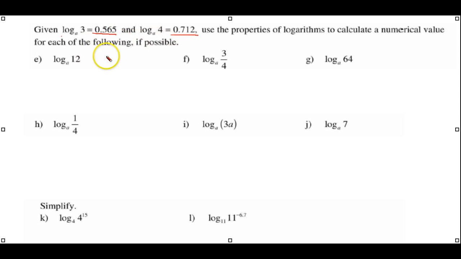So here's where it takes a little bit of analysis looking at what we have. Now notice what we have here. If I separate this, I get log base A of 12 is 4 times 3, so I can write it this way.